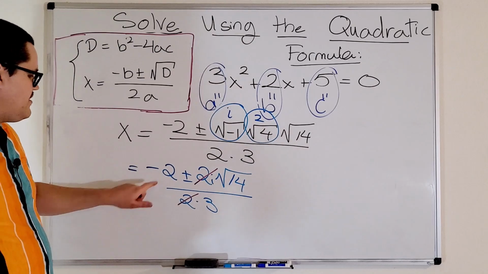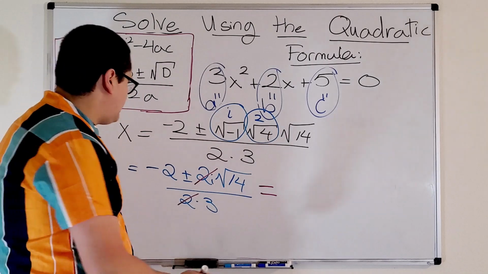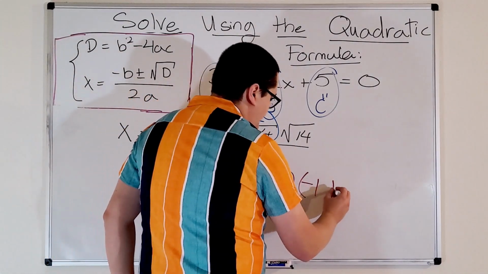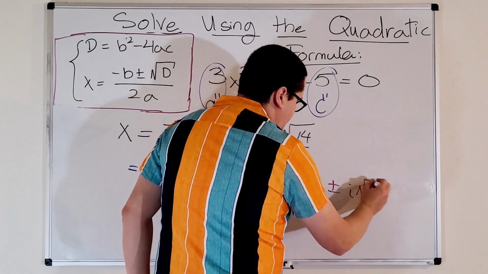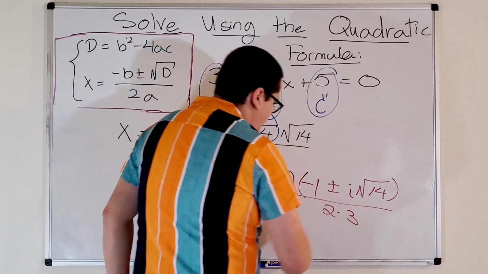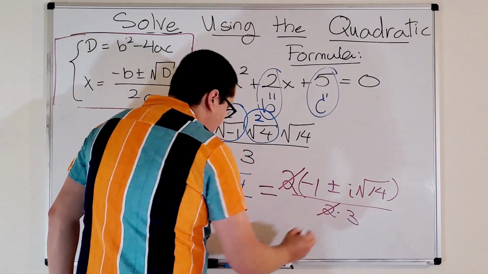So if we factor out a 2 from the expression upstairs, what we get is 2 times the quantity negative 1 plus or minus i root 14, all over 2 times 3. And now we see that this 2 cancels this 2.